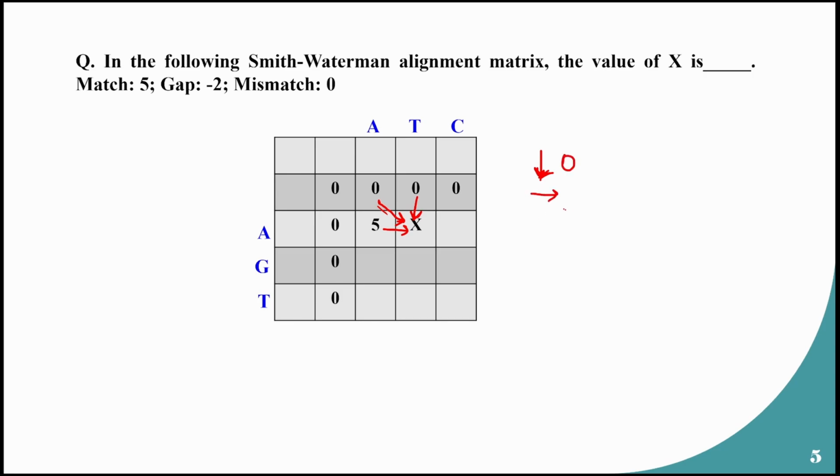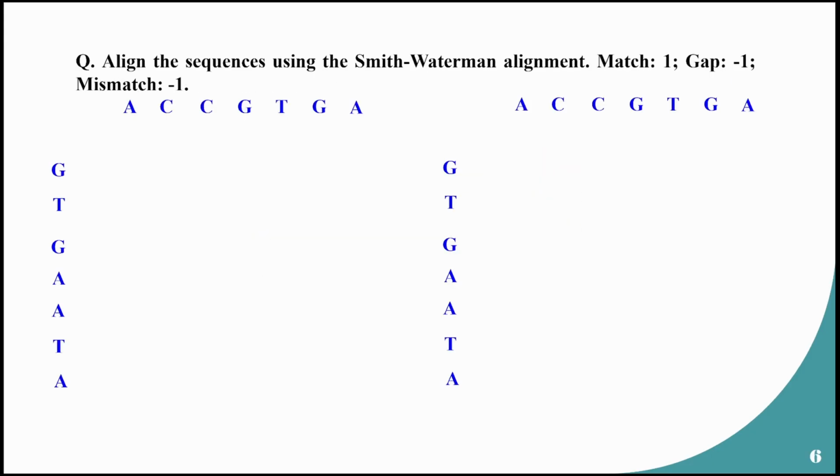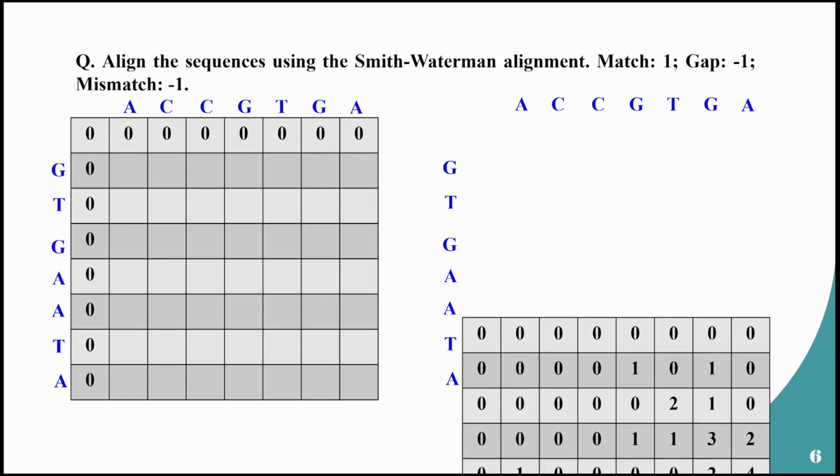If we go this way, it's a gap again, but since the previous cell score is 5, we have 5 minus 2, so 3. And if you go to this diagonal value, it will be 0 because it's a mismatch. So 3 will be the value for the Smith-Waterman calculation for this particular cell. This way you just do the calculations.